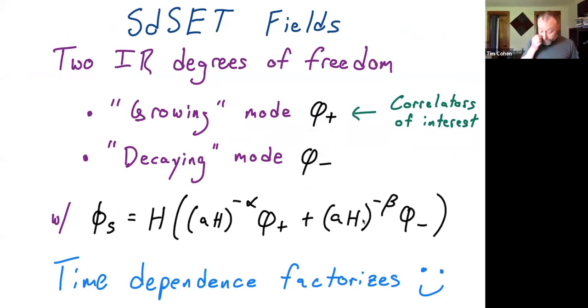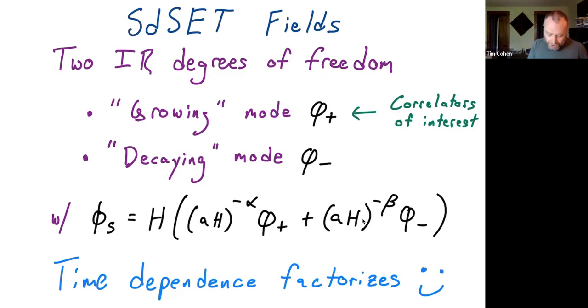Because both the growing mode and the decaying mode decay over time. Their correlators decay as a power law, but the growing mode decays more slowly than the decaying mode. And so at late times, which is where our observations are being done, the growing mode is the only one still around.